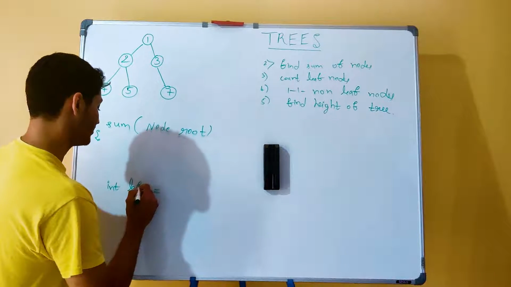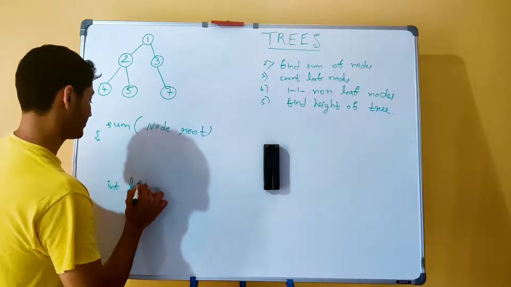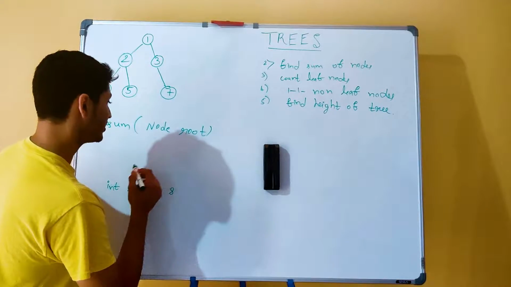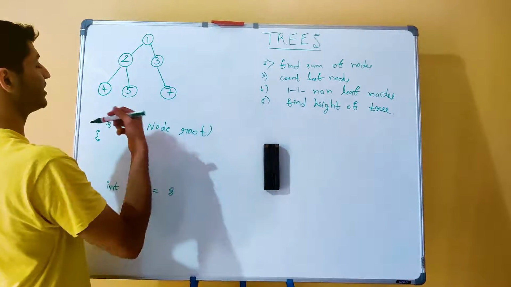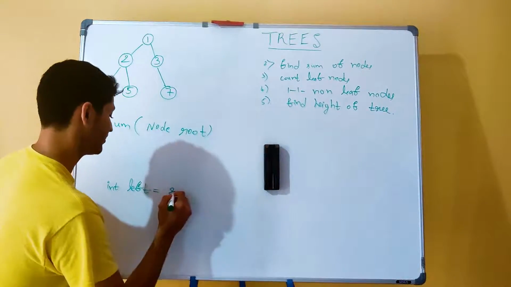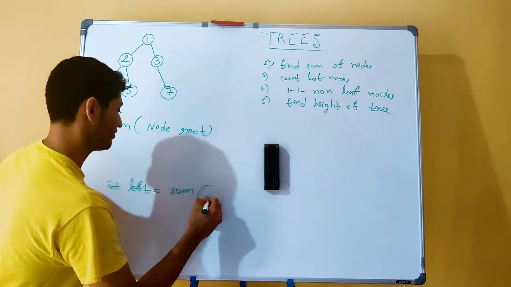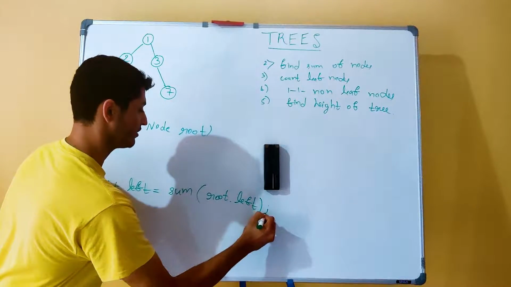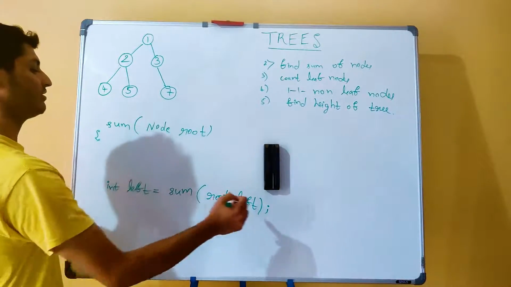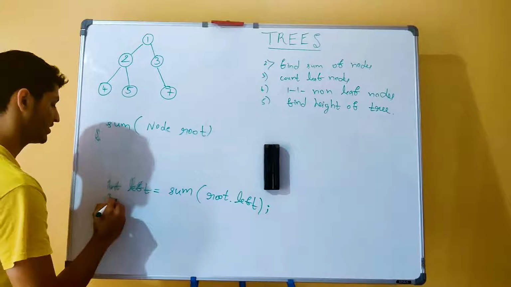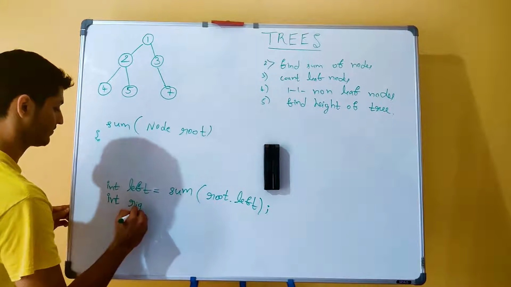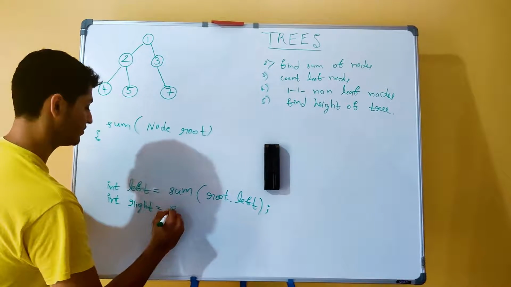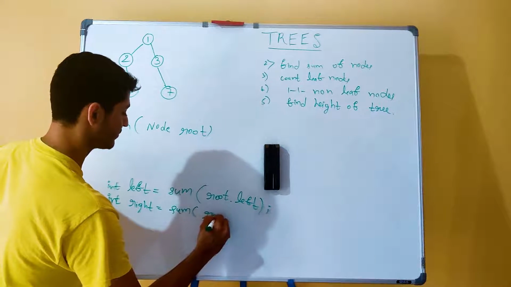Already assume that it's working, and so what you will do is store the result of the left subtree and right subtree. You will call your function to find the sum of the left subtree's nodes and store it. Similarly, you do this for the right subtree.